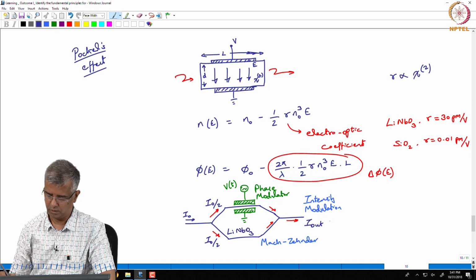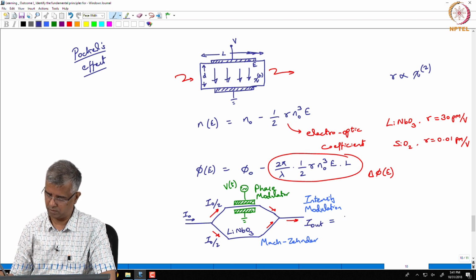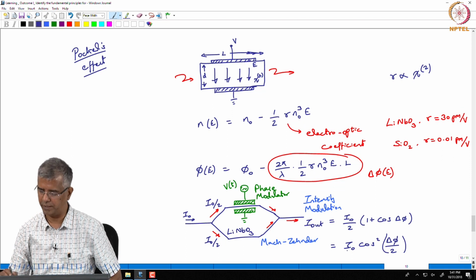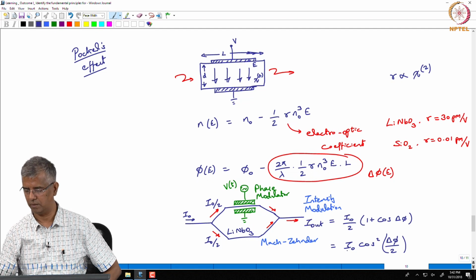So, I out, if you do the math, will be I naught over 2 multiplied by 1 plus cos of delta phi, or you can just write it as I naught cos square delta phi by 2. Delta phi essentially is the phase difference introduced by the phase modulator.